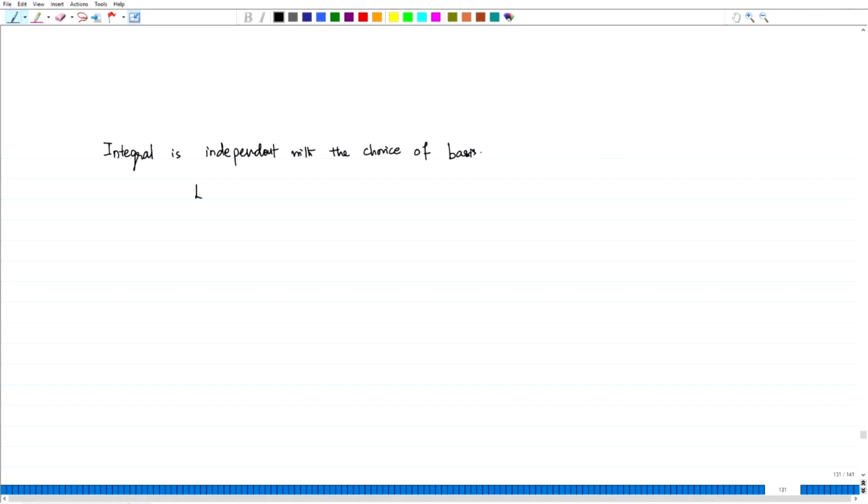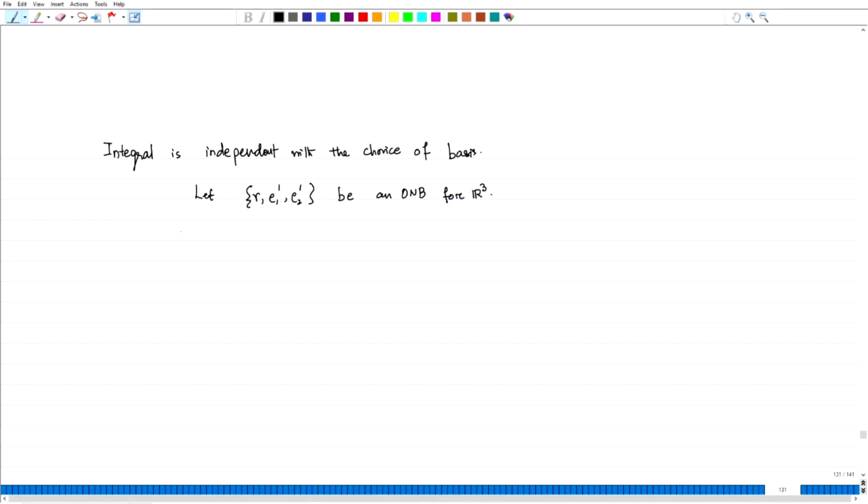Let gamma, e1 prime, e2 prime be an orthonormal basis for R^3. Then we can find a rotation R which takes e1 to e1 prime and e2 to e2 prime.